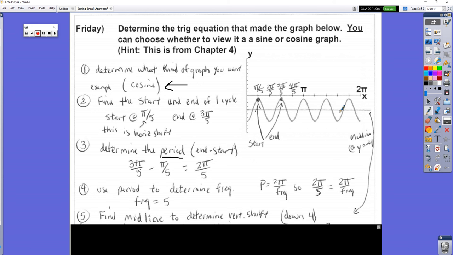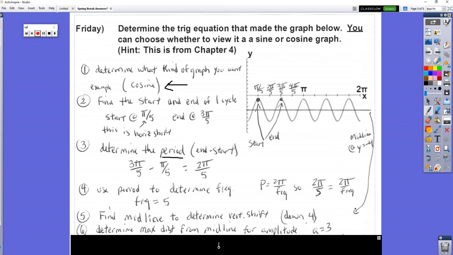This should normally be the x-axis, and this means the graph has been moved down 4. So down 4 was our vertical shift. The last thing you want to do is determine the maximum distance that your graph goes away from the midline. This is what we call amplitude. Going from -4 to -1, or from -4 to -7, in either direction, you can see that we're going 3 units away. So our amplitude is 3.